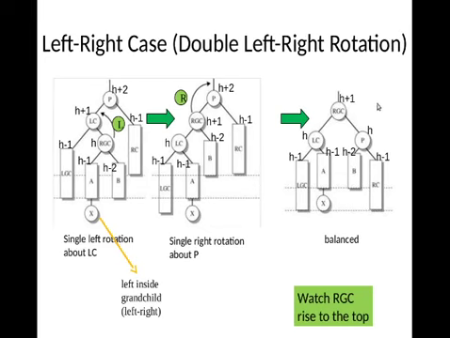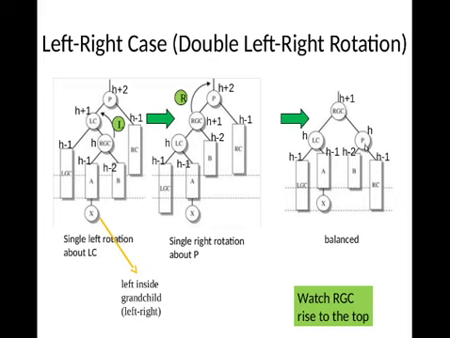The right tree on the slide shows the resultant tree after the second step, that is the right rotation at P. As before, the height of LC is h, the height of B is h-2 and the height of RC is h-1.